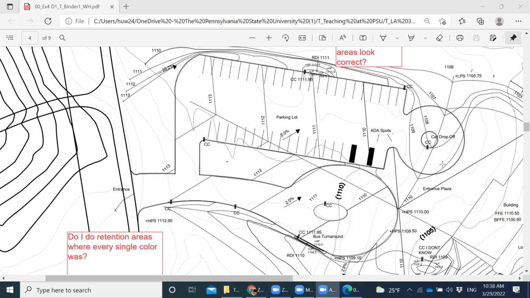Okay, so that's okay. That one needs DI. This needs some curb cuts. Here, the lowest point needs some cut. And yeah, that's probably it.